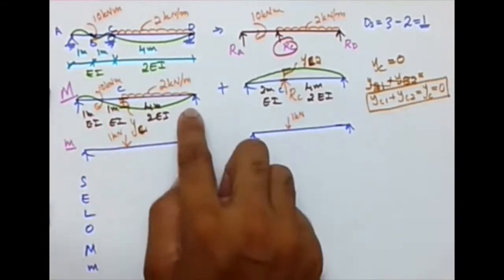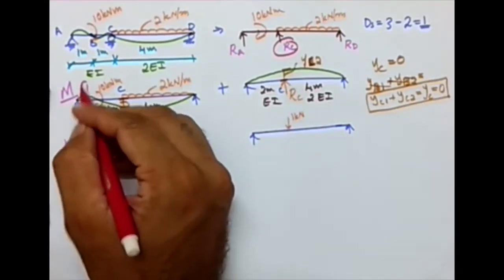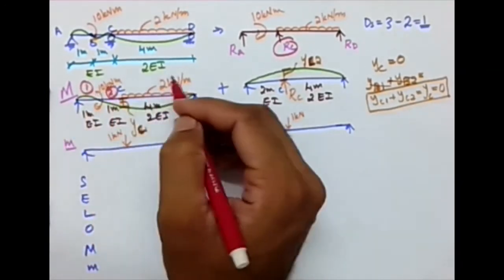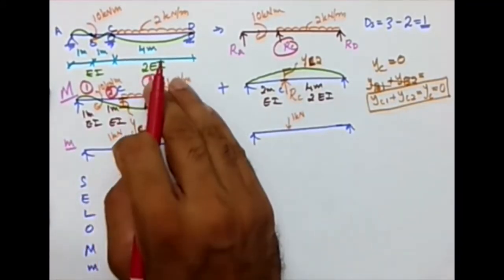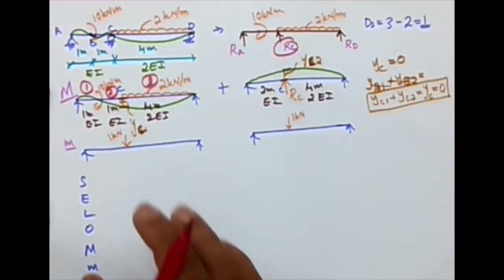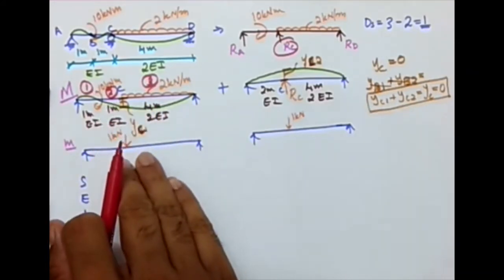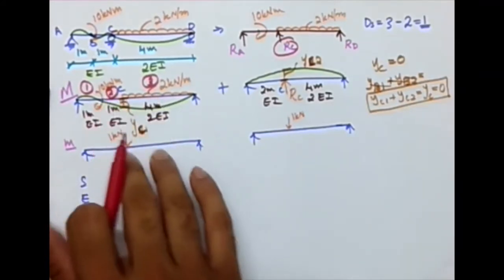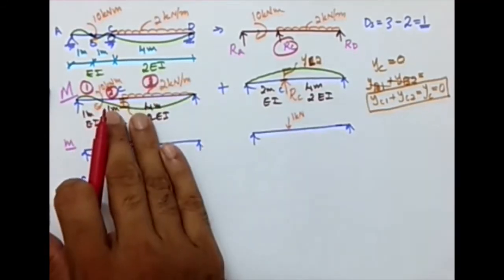So this should be divided into 3 segments: segment 1, segment 2, and segment 3. So that's how this is getting divided. In a similar way, this also should be divided. That's a concept from unit load method. Whatever divisions you're having for one figure should be the same for the next figure. So in case of calculation of YC1, this is the segment division.